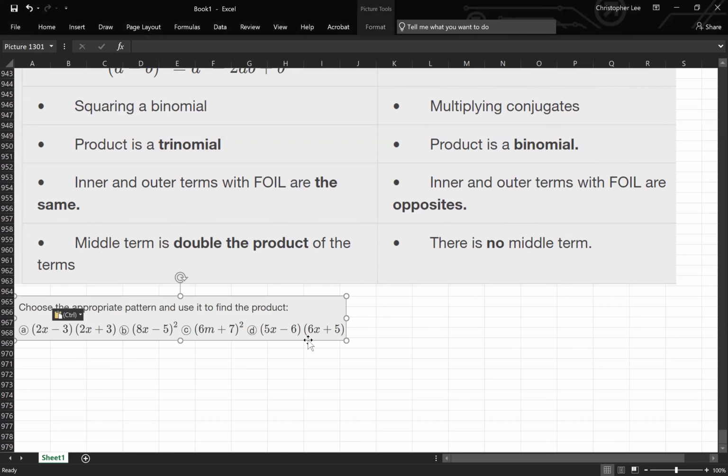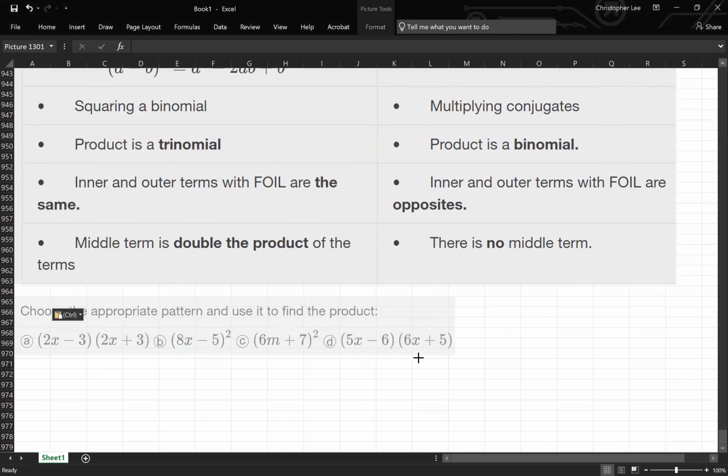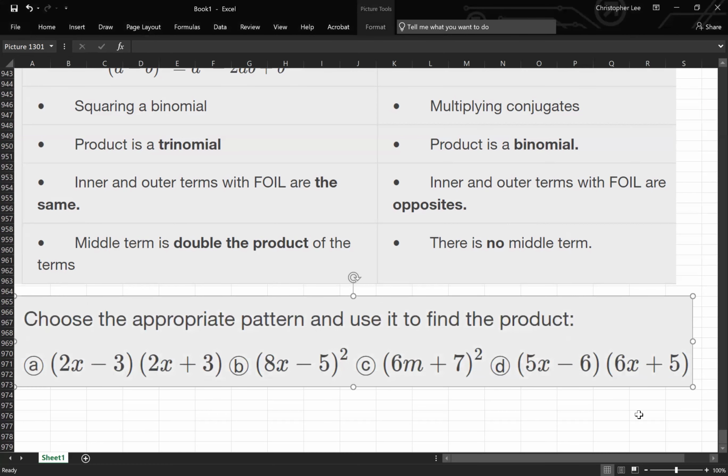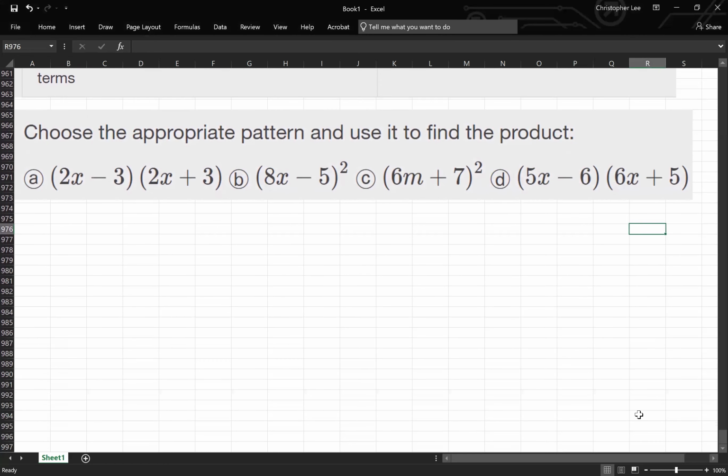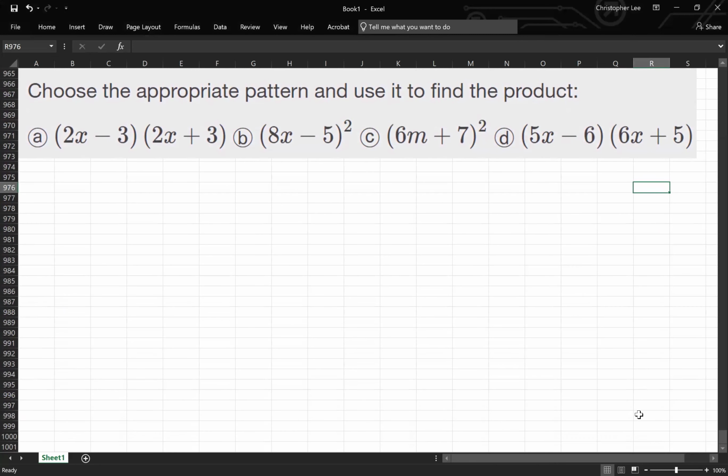All right, let's try this out. What's the answer for A? 2x squared.